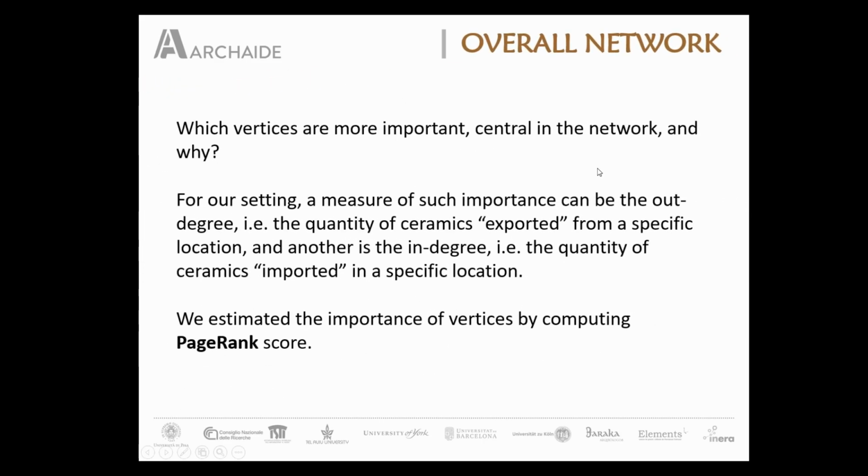Anyway, once we were able to detect the communities, we started asking ourselves which vertices are more important, which are central in the network. That is the archaeological explanation of our analysis.